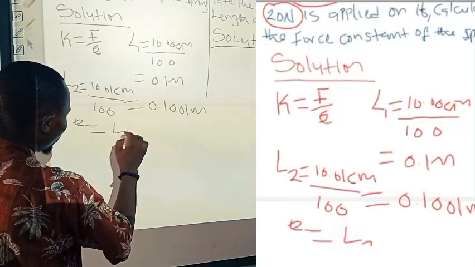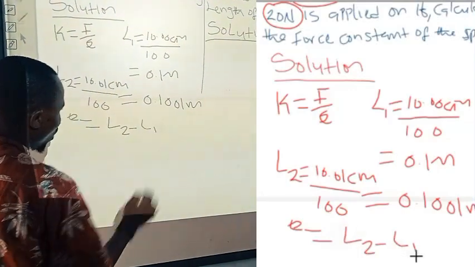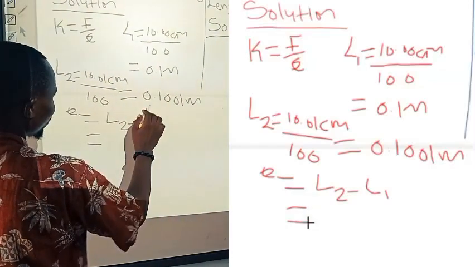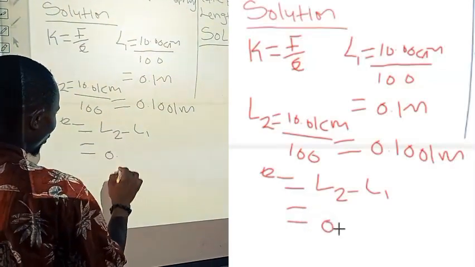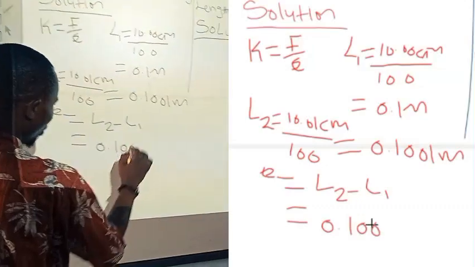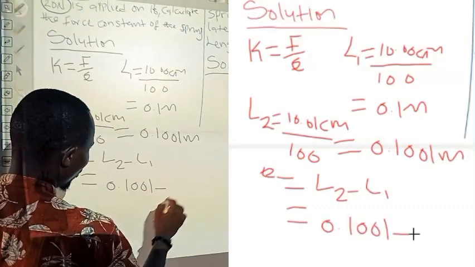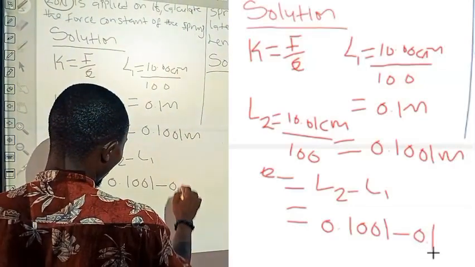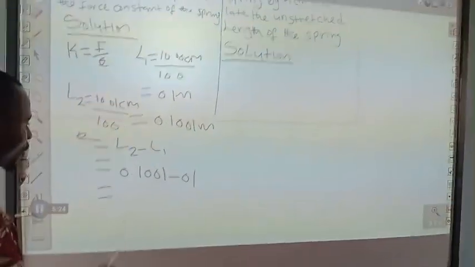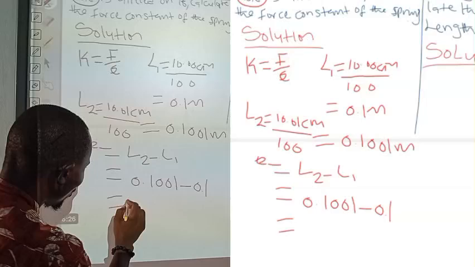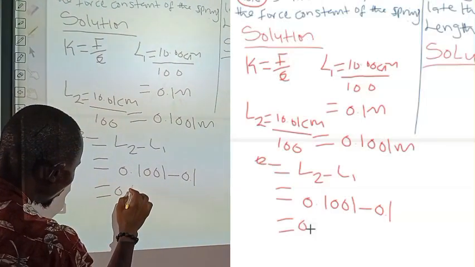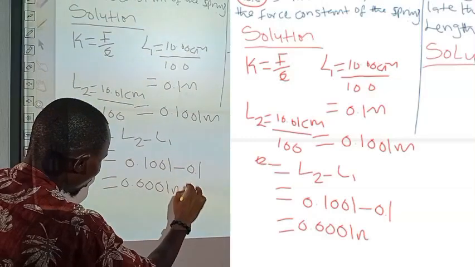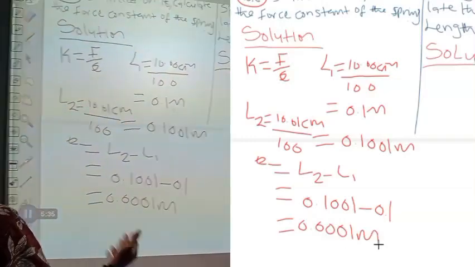My L2 is 0.1001 minus my L1, which is 0.1. All right, so if I subtract this, I'm going to have 0.0001 meter. All right, so this is my extension.